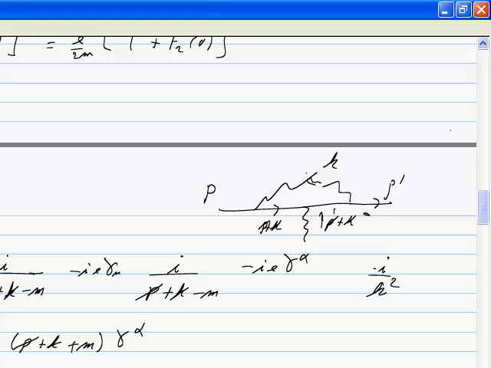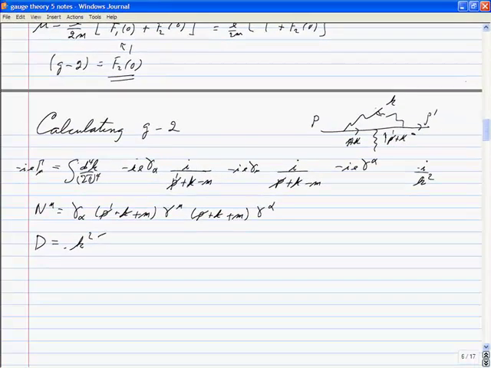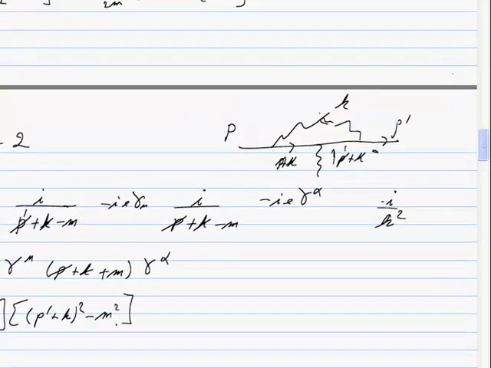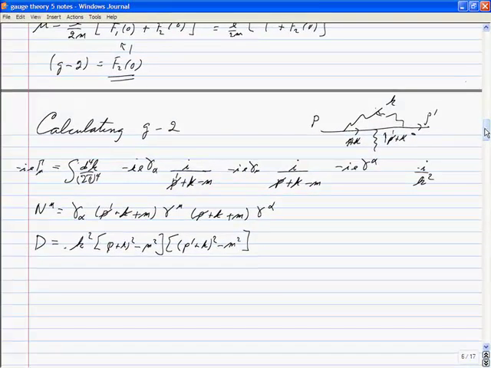We have the denominator is K squared times (P plus K) squared minus M squared times (P prime plus K) squared minus M squared.